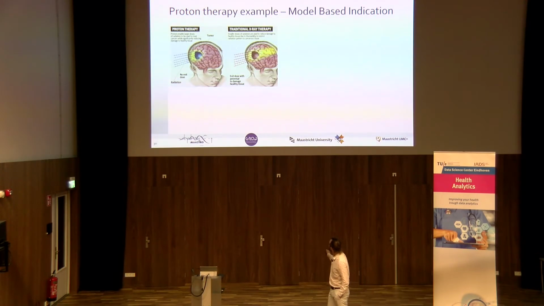And what we do is, on the right-hand side, traditional therapy. So suppose you have a brain cancer, so that's this brown thing in the middle, and we irradiate it with X-rays. X-rays are uncharged. They don't have charge.